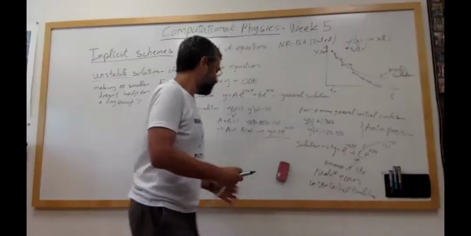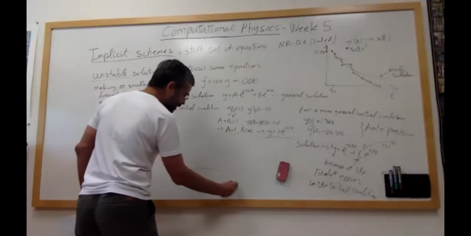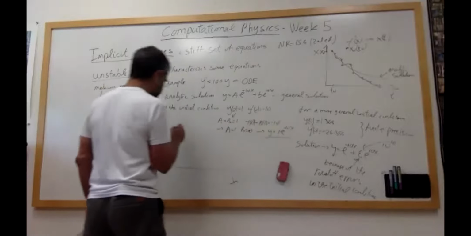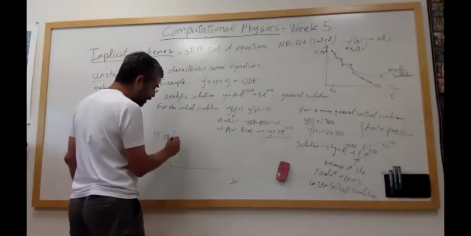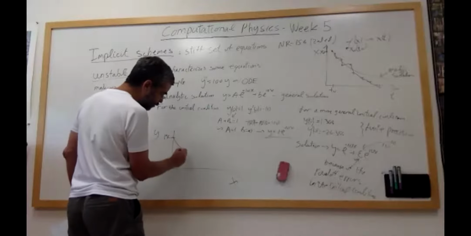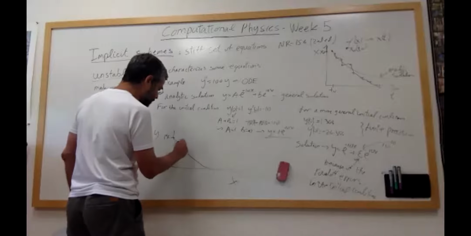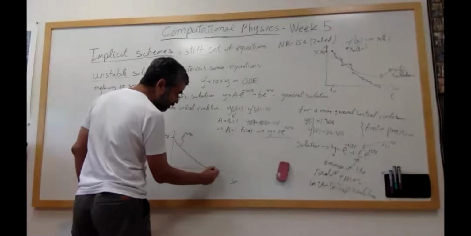So if we plot the solution, y as a function of x, we start at, say, 1.36 or so. Initially it follows roughly e to the minus 10x, getting closer and closer to 0.